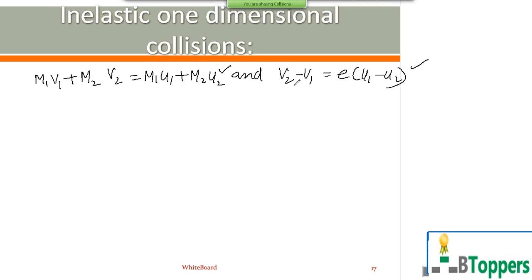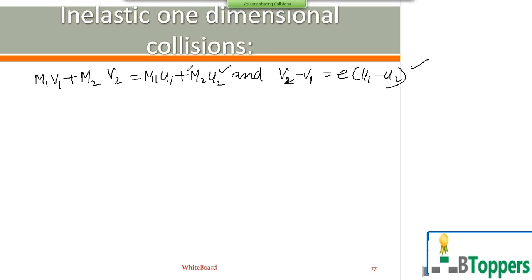You can solve these two equations in the same manner I have solved the same two equations with e equal to 1 in the case of one-dimensional elastic collisions. Repeating the same procedure as I discussed earlier, of course, you don't need the derivation for the expressions of v1 and v2 for one-dimensional inelastic collisions in board exams, but still I would like to discuss it.